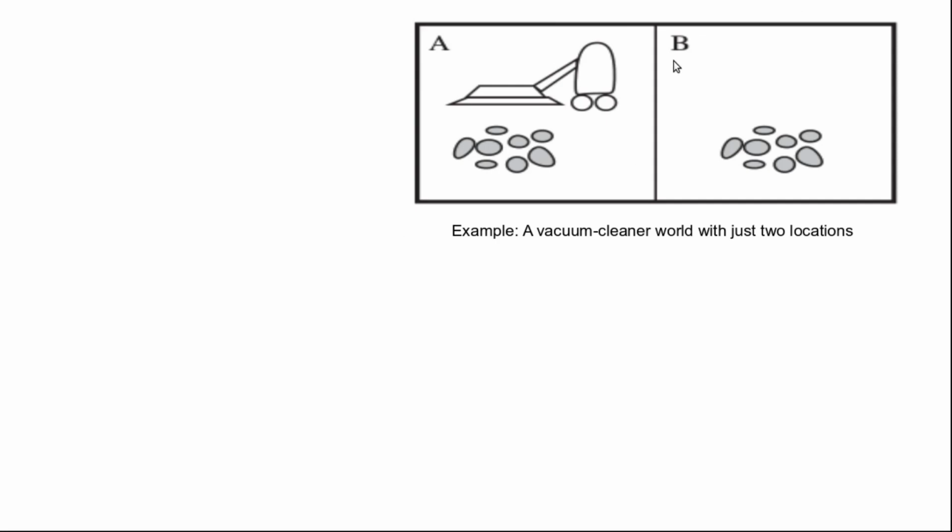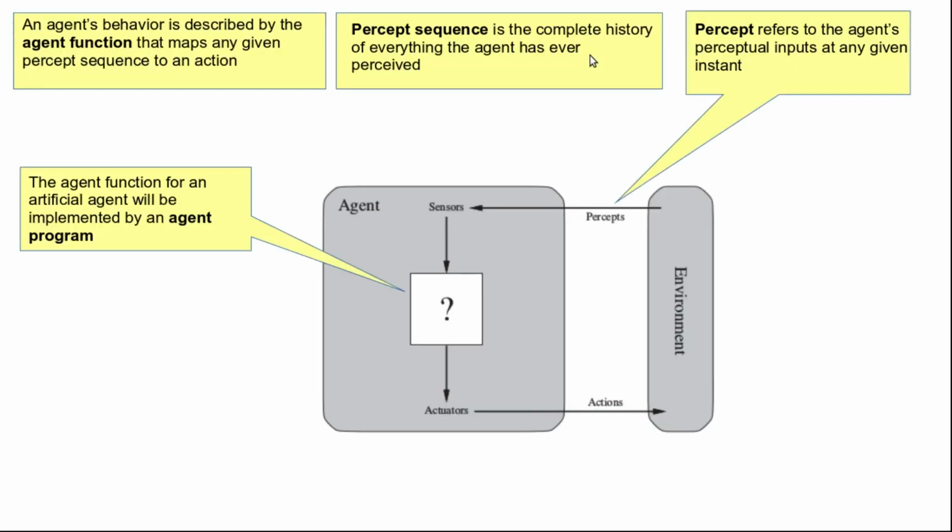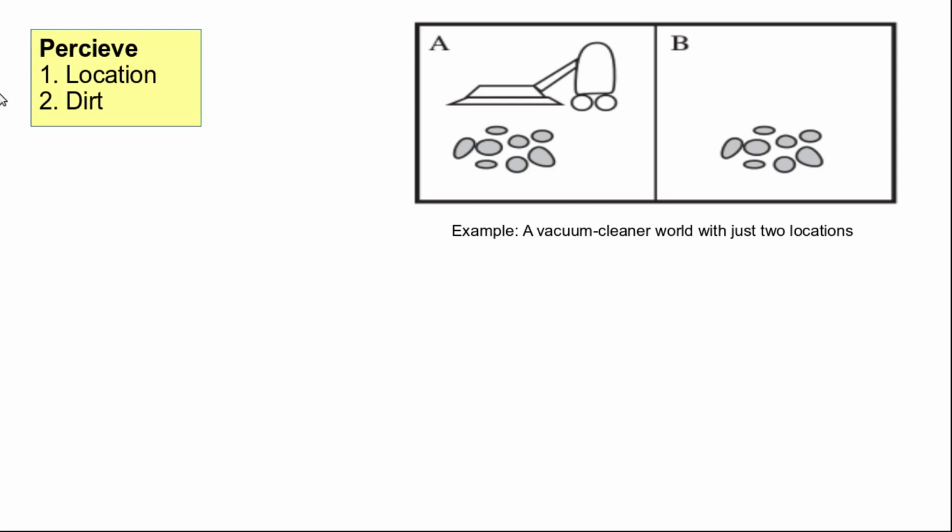And now there may be some dirt present in the rooms. What the vacuum cleaner will perceive is, it will have sensors to tell what its current location is, whether it is in room A or whether it is in room B. It also needs to find out whether the room is dirty or not.